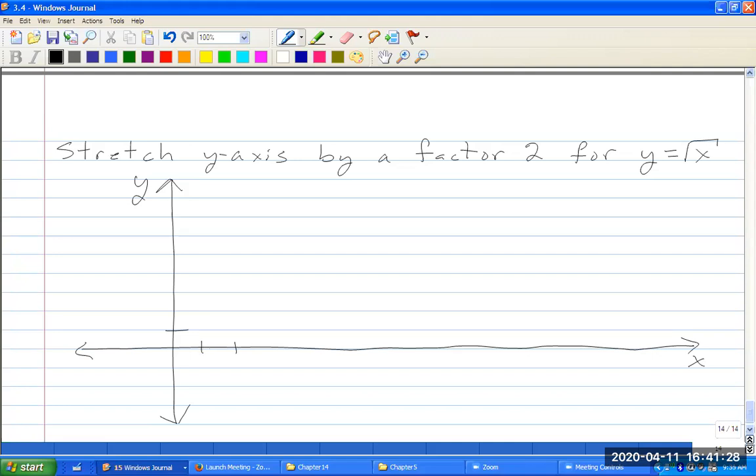Okay, so first I'm going to start with the graph of y equaling the square root of x. So maybe I'll start with red, square root. So this is the graph of y equaling the square root of x. So I want to stretch the y-axis here by a factor of 2.